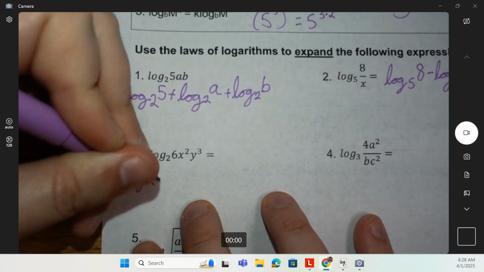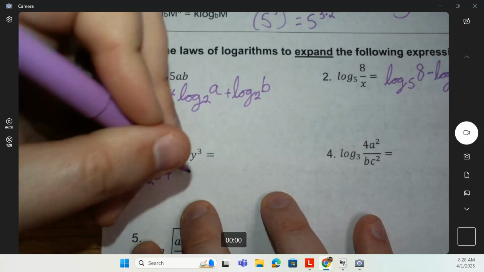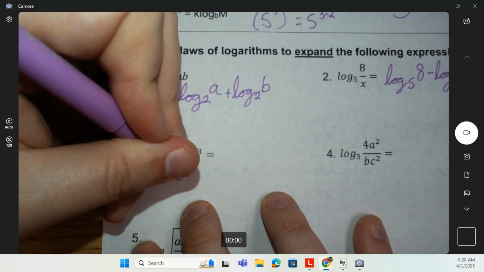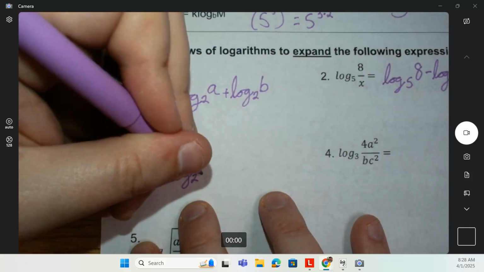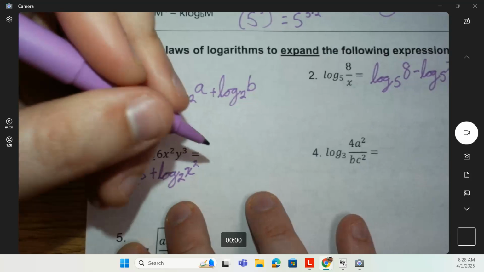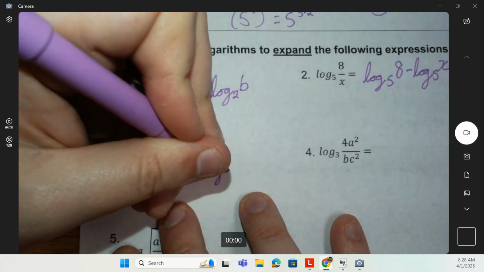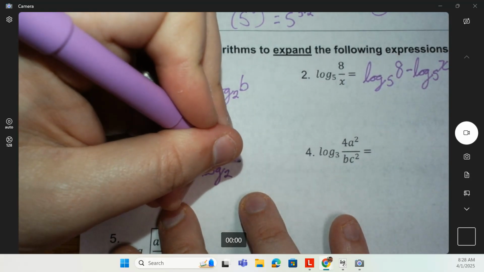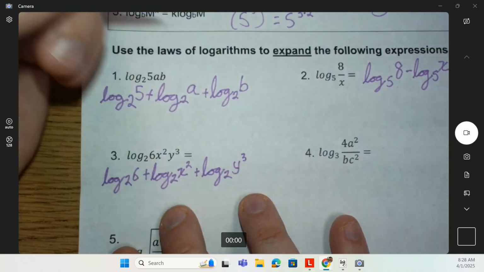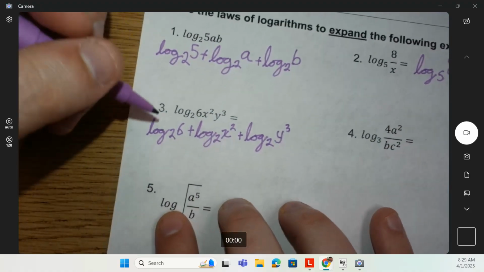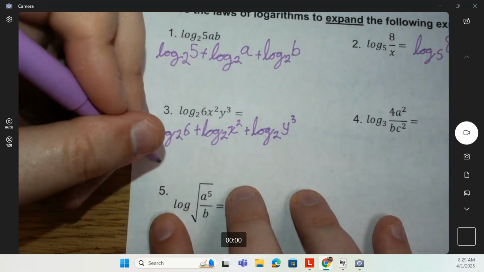So log base 2 of 6 plus log base 2 of x squared plus log base 2 of y to the third power. And then my log base 2 of 6 will stay the same.